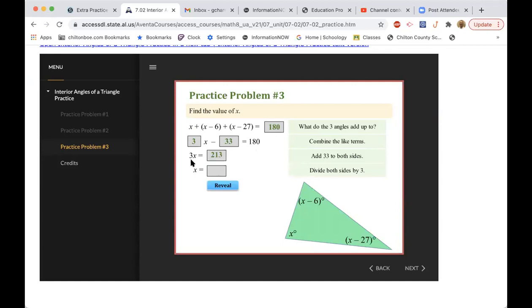Then you would divide both sides by 3, and you would find that x equals 71 degrees. So this angle measures 71 degrees. However, if it asked for this angle measure, it would be 71 minus 6, which would be 65 degrees here. And if you wanted this angle measure, it would be 71 minus 27 equals whatever that equals.